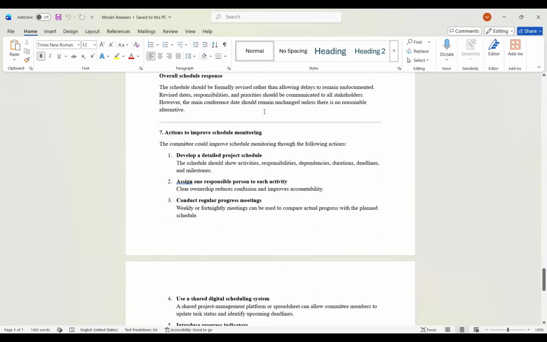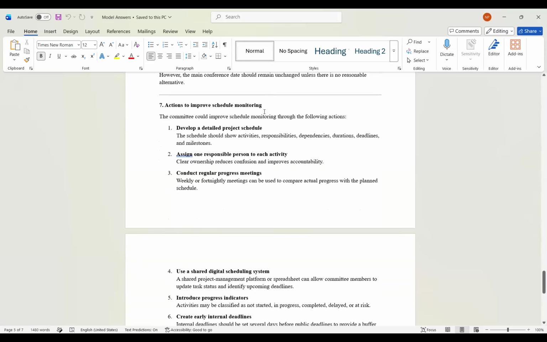Then what can you do to improve the schedule monitoring? The committee can develop a detailed project schedule, which will show all the activities, responsibilities, and dependencies. They can assign one responsible person for each activity, which will show clear ownership and reduce confusion.